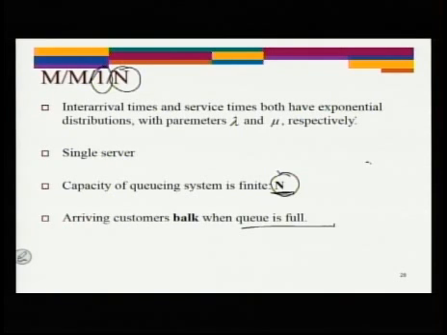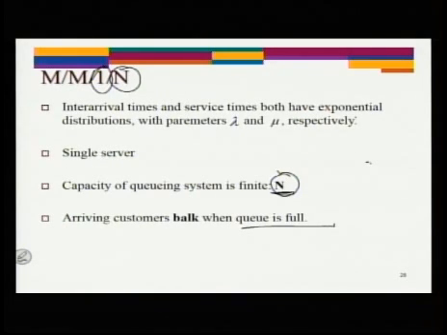So in other words, the M/M/1/N queuing model is identical to the M/M/1 queuing model, except for the fact that when there are N customers already present, then all the arrivals are turned away, right? And they are forever lost to the system. Keep in mind that.